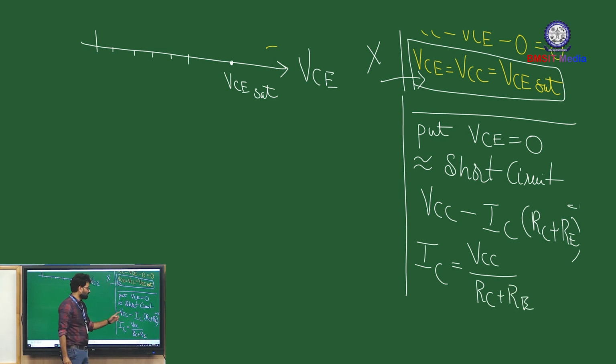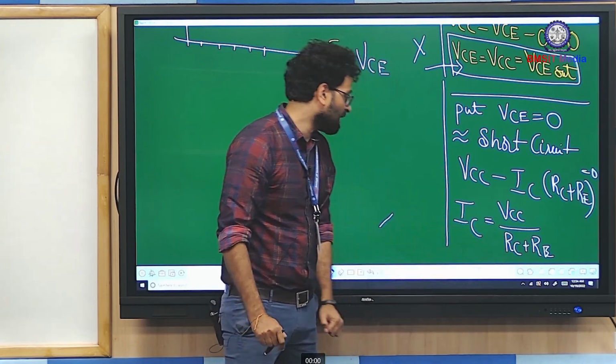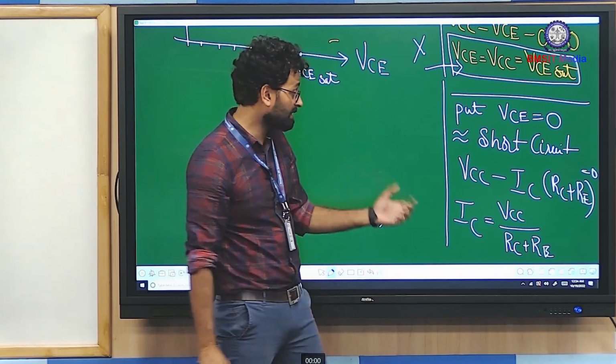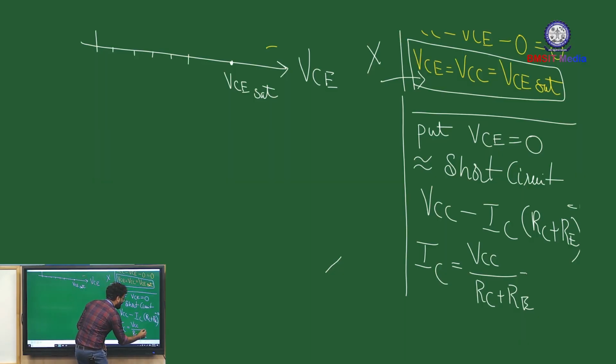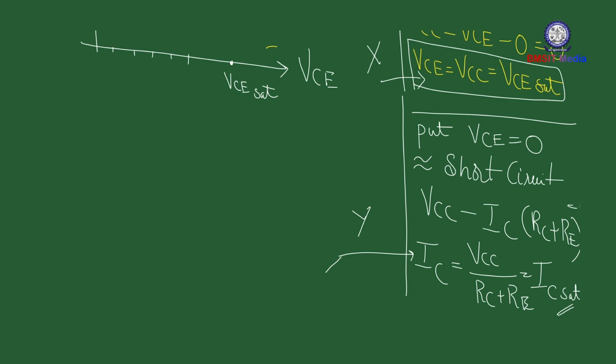This ratio gives IC, and this IC is the maximum current or the short circuit current, which is called IC sat or IC saturation. This point, IC saturation, we can consider as our Y intercept.